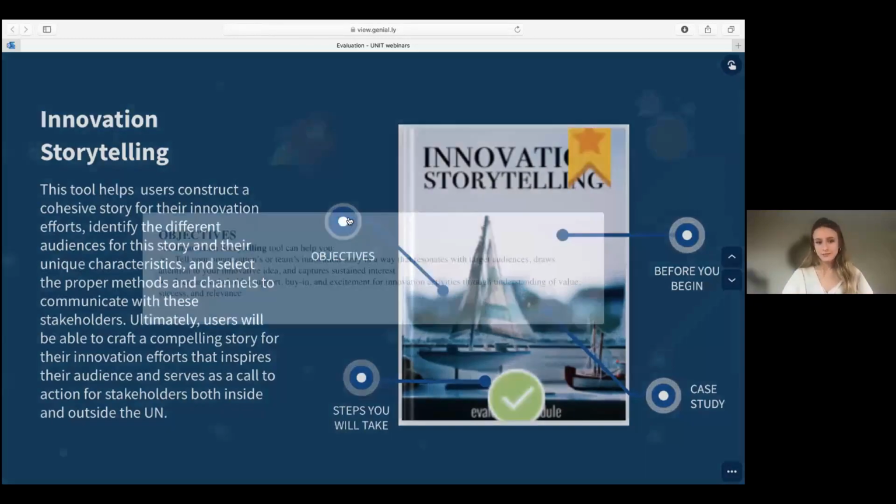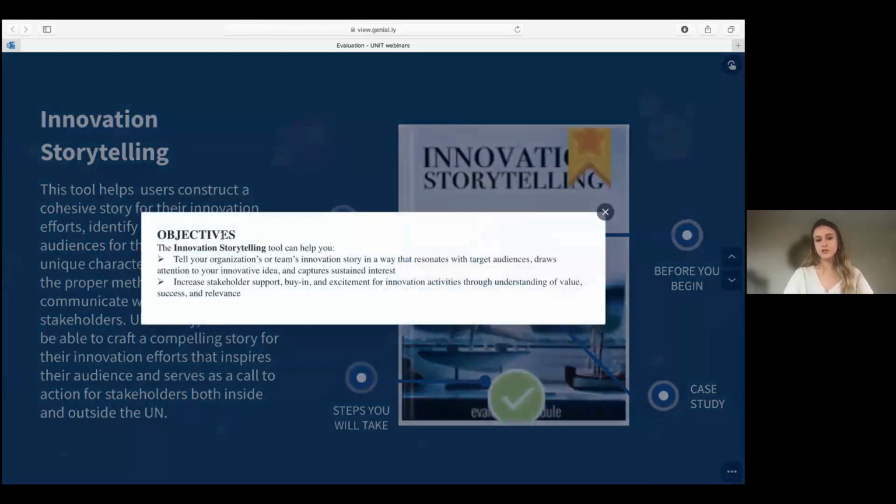What are the objectives of the innovation storytelling tool? First of all, to tell your organization, unit, team innovation story in a way that resonates with target audiences, that also brings attention to the innovation idea or process that you're involved in, as well as to capture sustained interest.